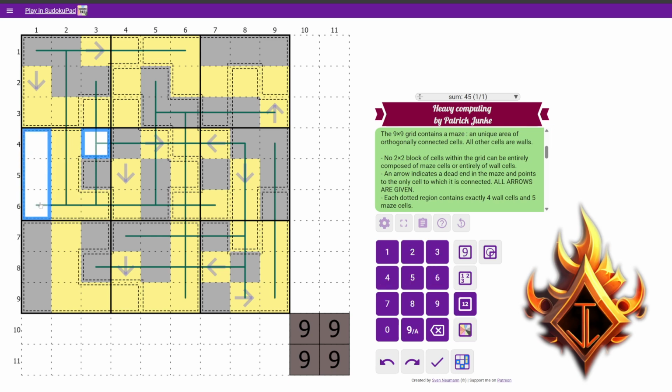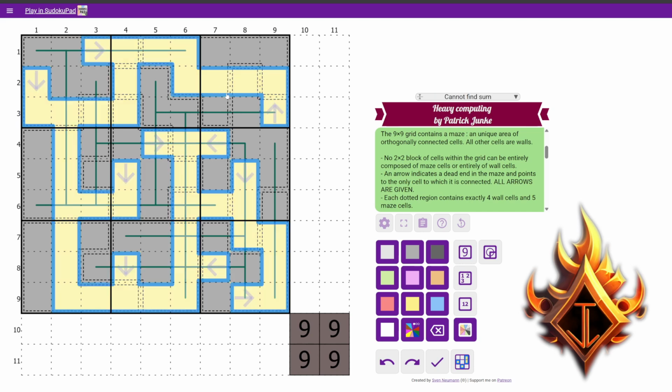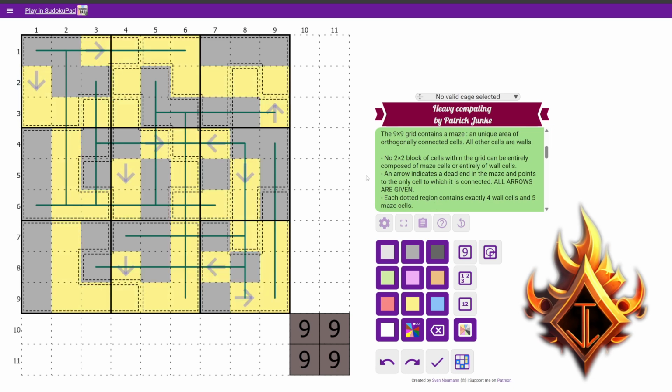And then that's going to make all of these walls to give us 4 wall in this region with 5 yellow. So this should be our completed maze, and all of the arrows are our only dead ends, which is true because all arrows are given. So our maze is complete.